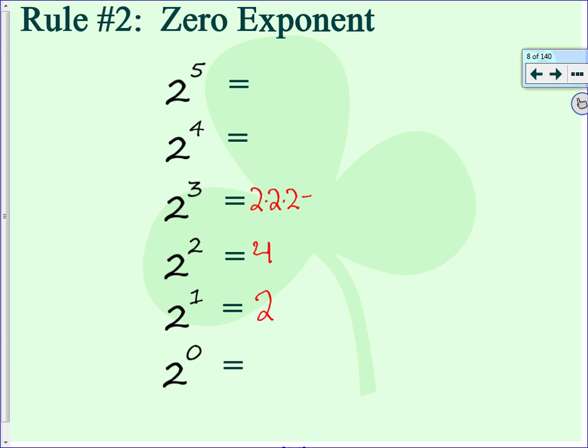Then 2 to the 4th would be 16, and then 2 to the 5th would be 16 plus 16, and 32. 32. Beautiful. Nice job.